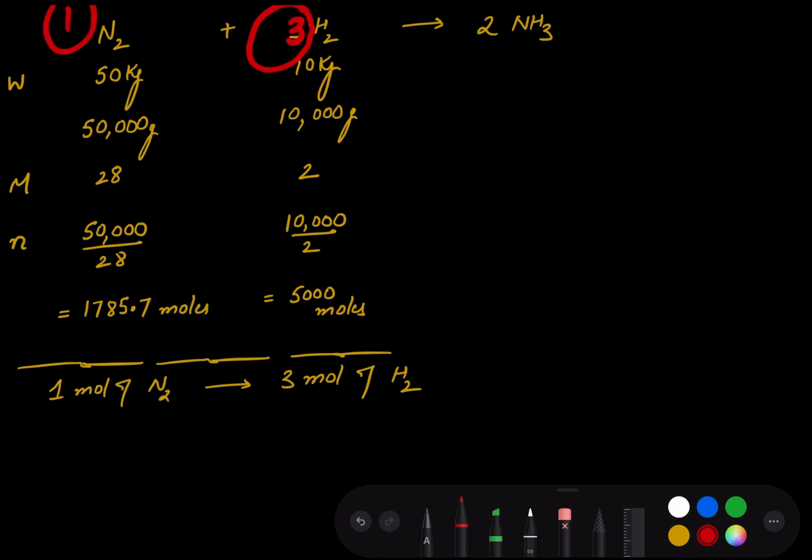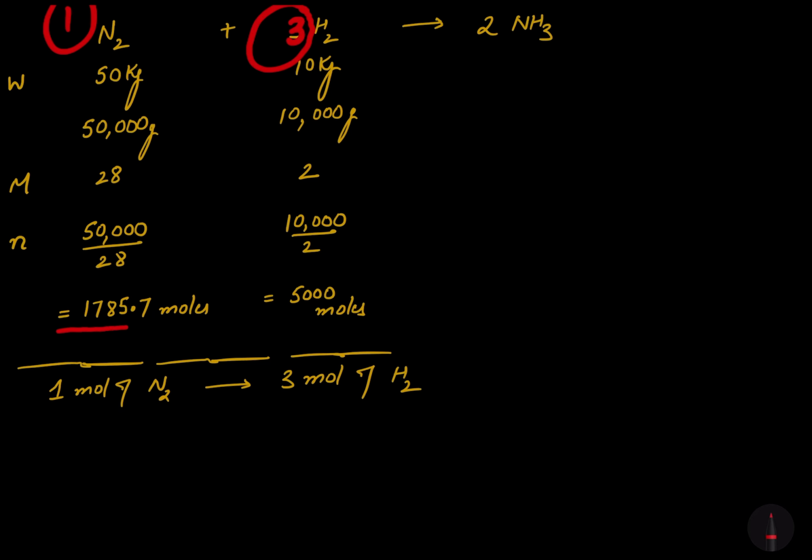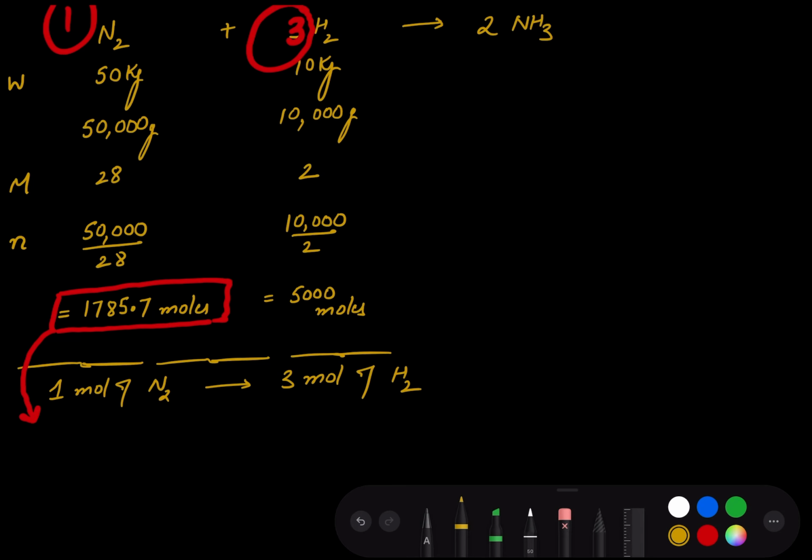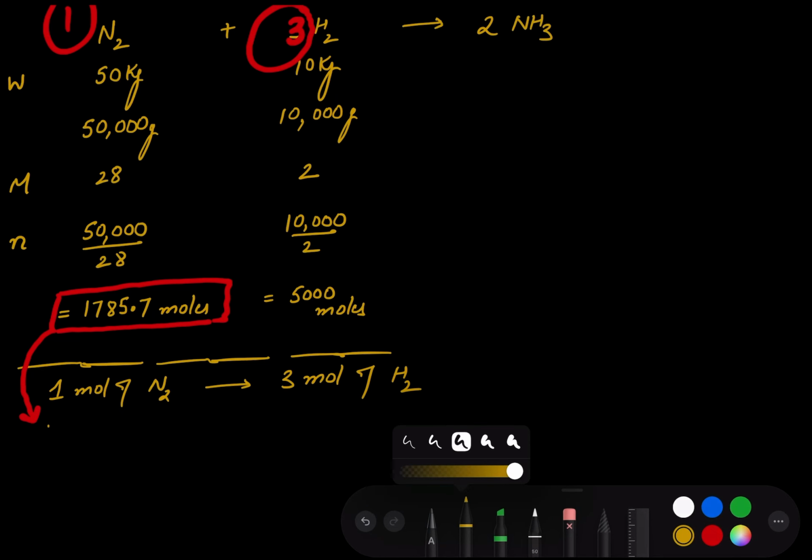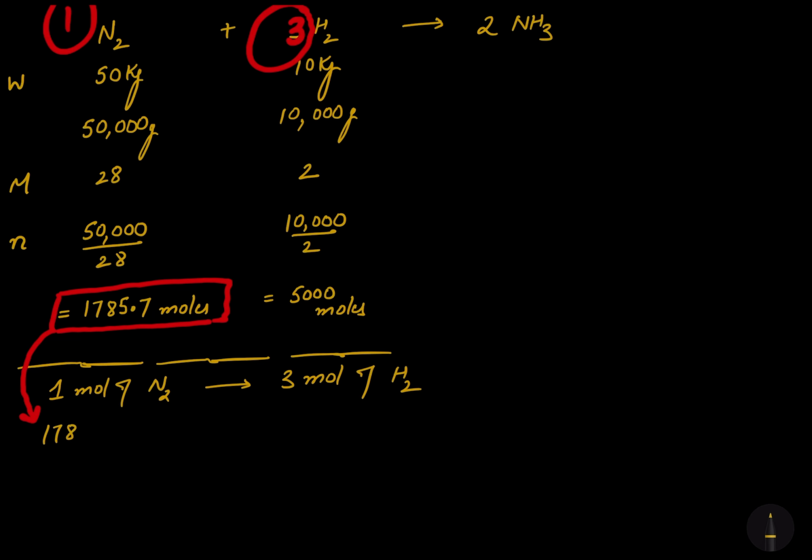Now let's talk about N2. How many moles of H2 will this number of moles of N2 require? So I'm using this number of moles. 1785.7 moles of N2 will require how many moles of H2?